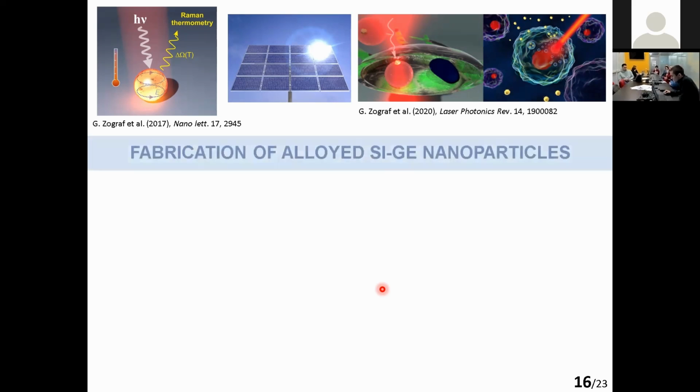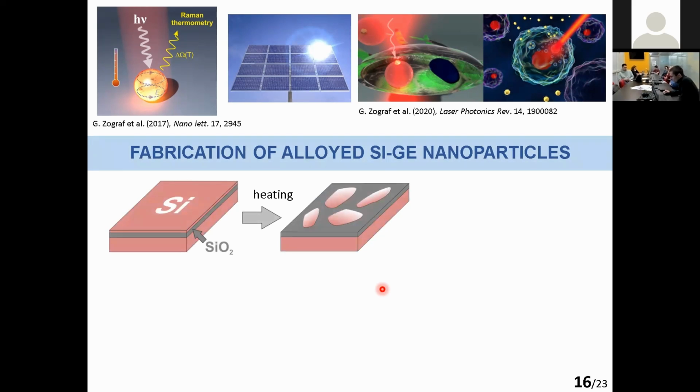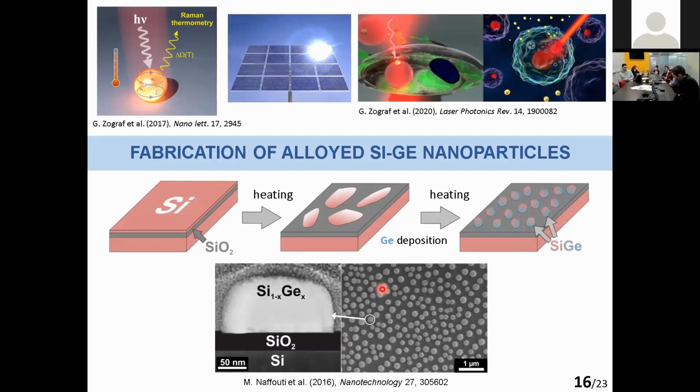the efficiency of laser-induced heating of silicon nanoparticles by doping them with germanium, which has a significantly higher value of the imaginary part of the dielectric constant, which is responsible for light absorption and corresponding heating. So nanoparticles of mixed composition were fabricated by vacuum high-temperature annealing of a silicon film with simultaneous deposition of germanium.